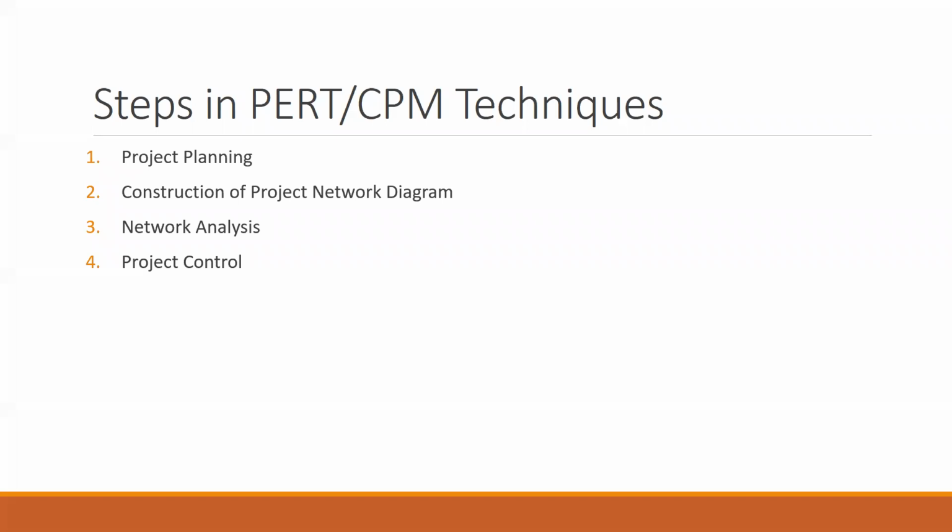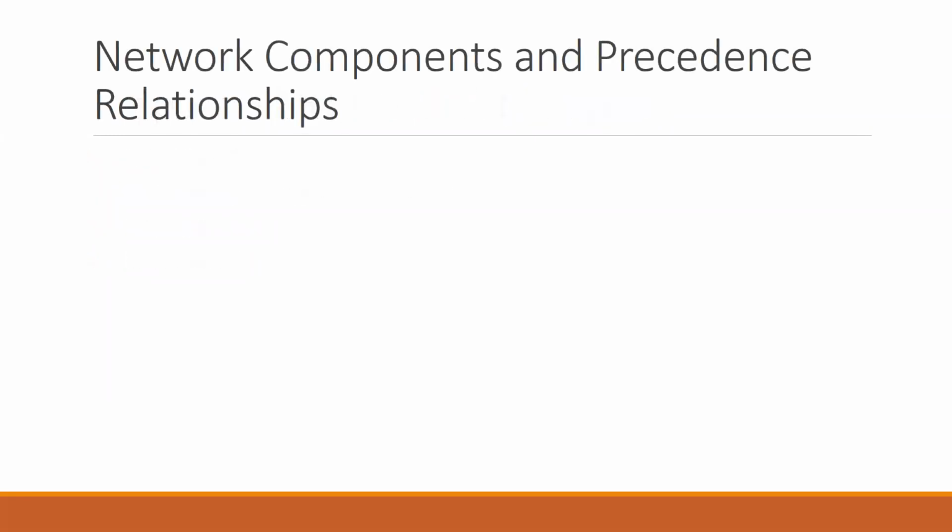So basically, whether we are doing PERT or CPM, these are the four steps which are very important, and we need to follow each step while considering these two techniques. Clear? Let us go ahead and see some network components and the precedence relationships involved in network diagrams.